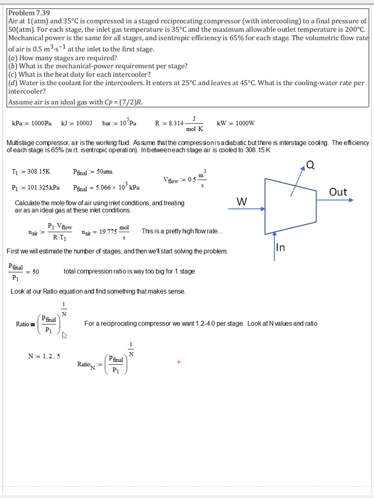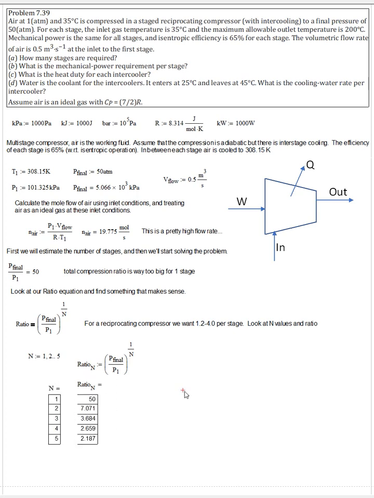So those are my values. I'll consider up to 5; I really shouldn't need more than that. Then I can have it calculate the ratio based on that, so I type ratio, and then the left bracket gives me an index, which is different from a subscript, and then I can use n as my index.